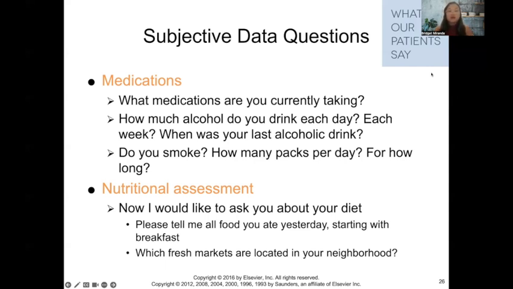Have you ever felt in the last month where you were struggling to eat healthy because you just didn't have the resources to? Are there fresh markets in your neighborhood, or do you have the ability to eat the way we as healthcare providers are asking them to do so? Because sometimes it's not a lack of knowledge; it's actually a lack of resources.